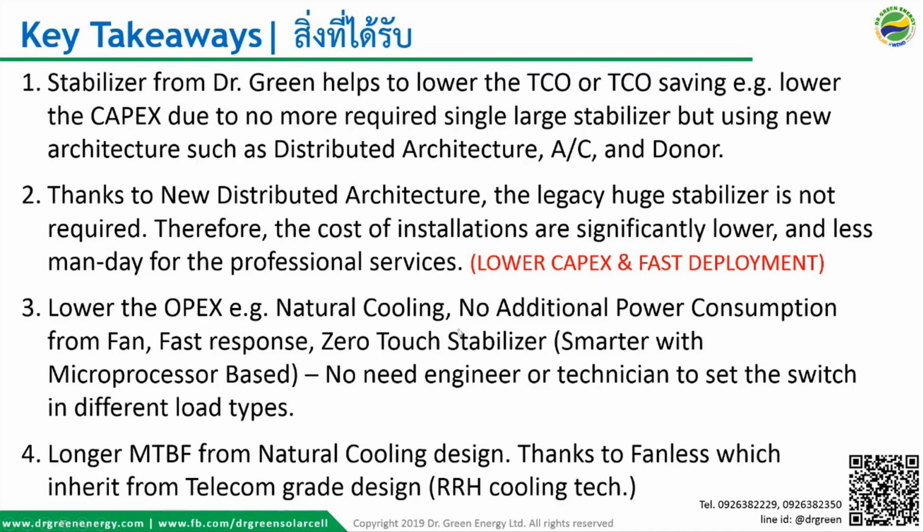Alright? So without the fan, there is no additional power consumption from the fan. So you will have a lower electricity bill. Okay? It helps you save the cost of the electricity bill.